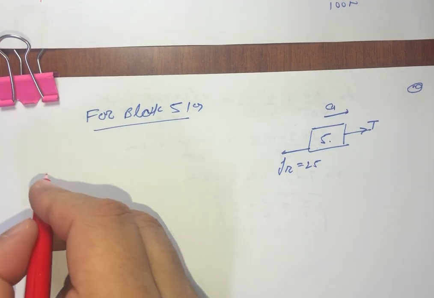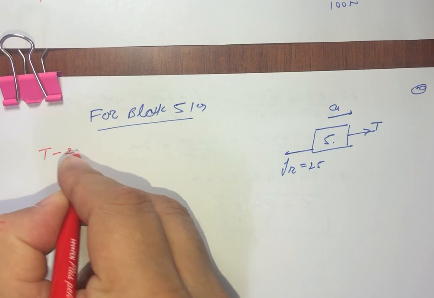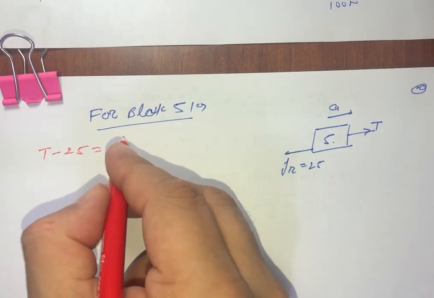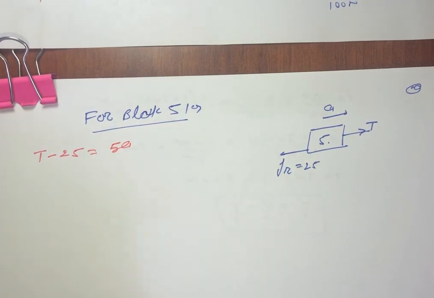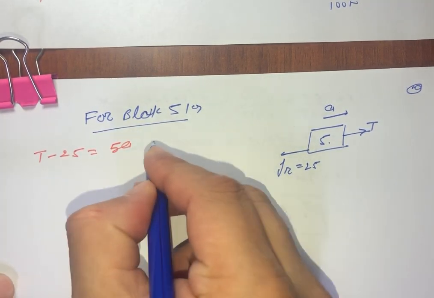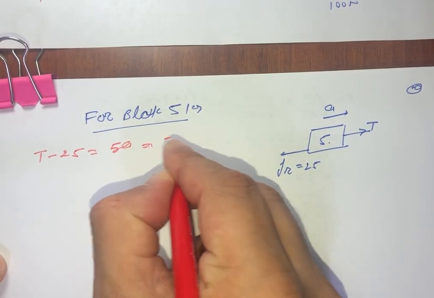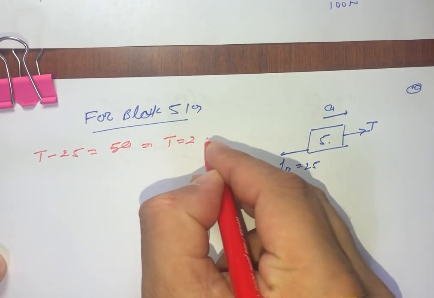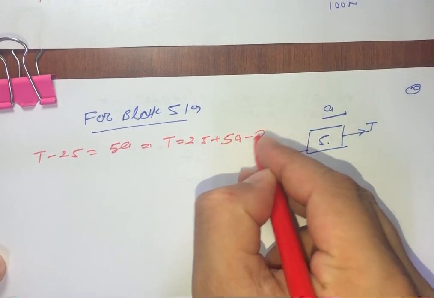So we can write the equation as T minus 25 is equal to 5 multiplied by A. From here we can say that T is equal to 25 plus 5A, equation 2.